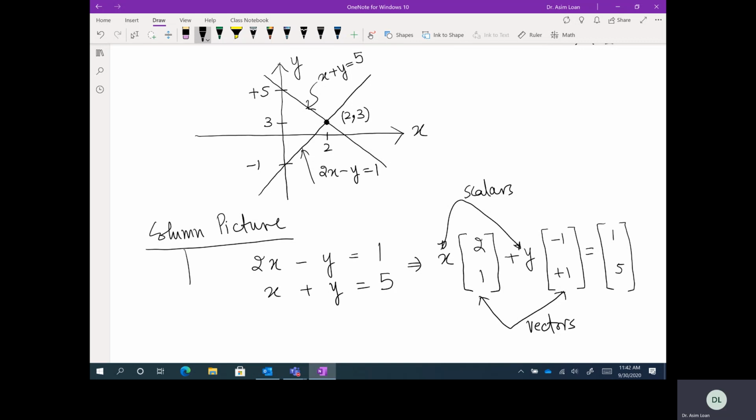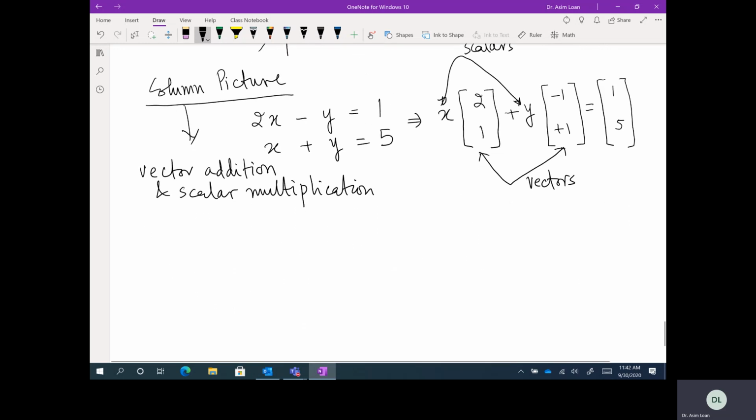So in a column picture, what we are doing is vector addition and scalar multiplication. Okay, good.